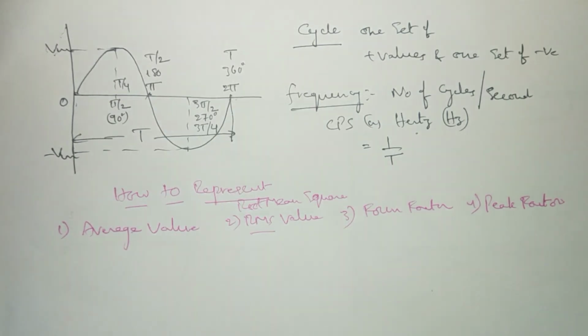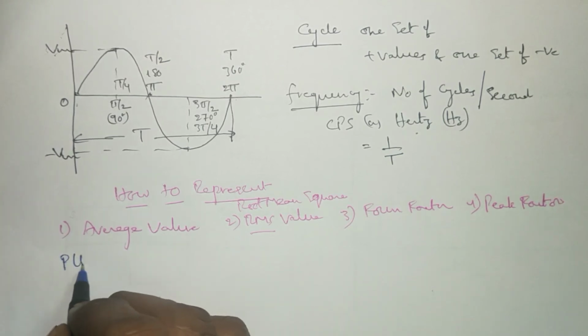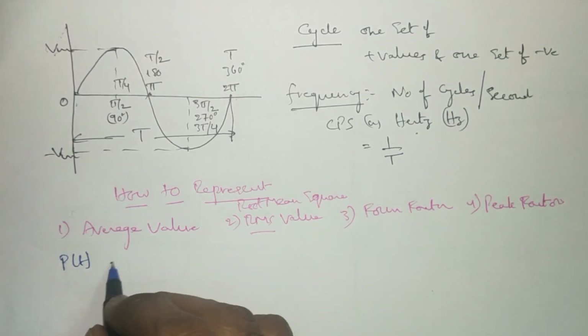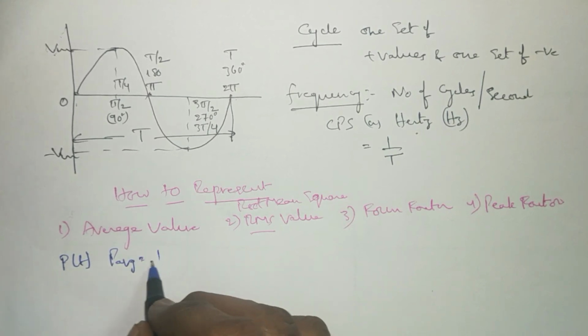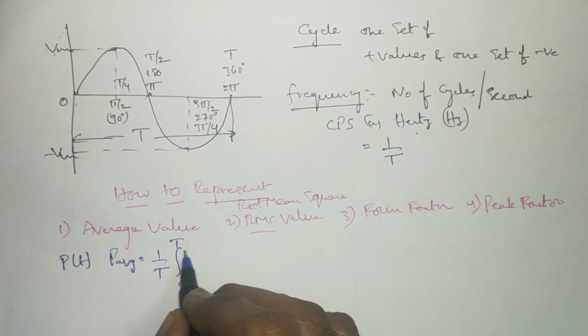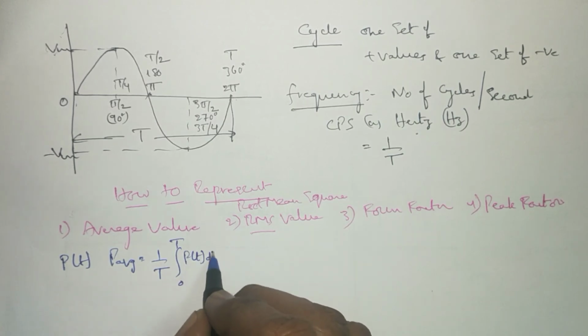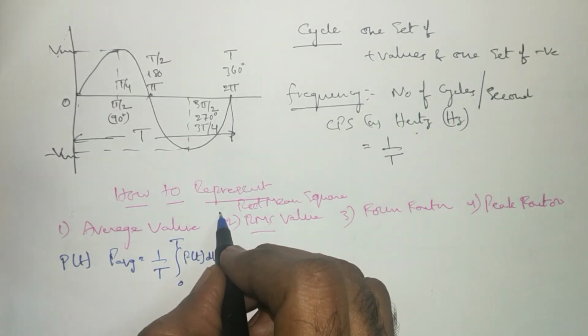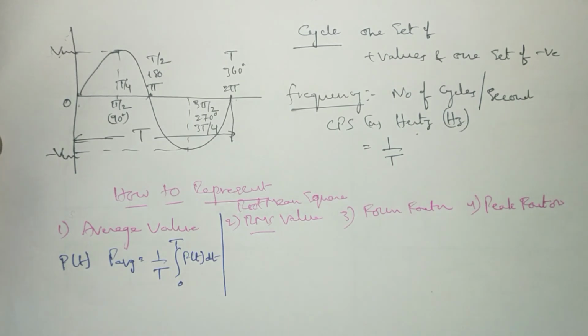And we know for a continuous waveform, the average value is going to be, say if P of t is a function of time, then P average is given as, if the time period is capital T, we have to integrate from 0 to T, P of t dt. This is how we can find out the average value.